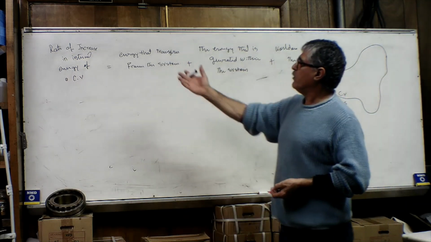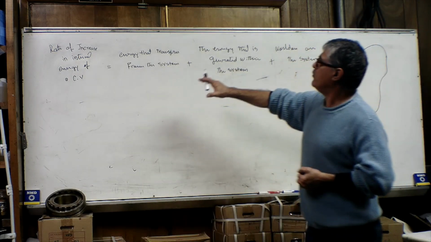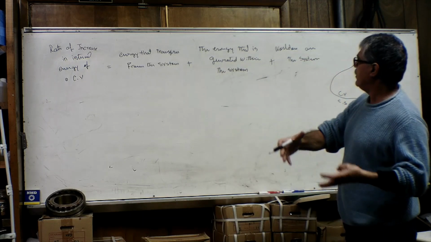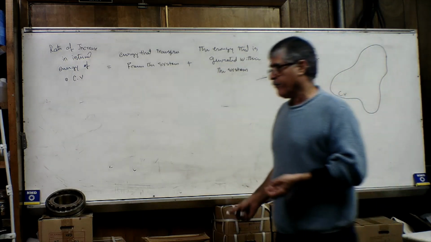So the rate of increase in internal energy of a system is equal to the energy that transfers from the system plus the energy that is generated within the system plus the work done on a system.